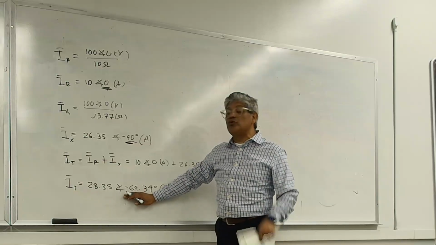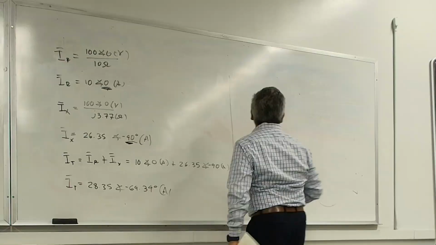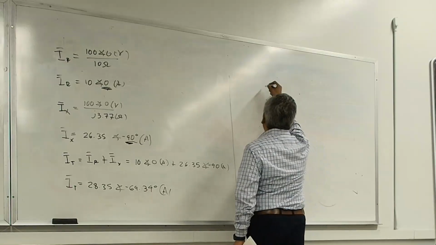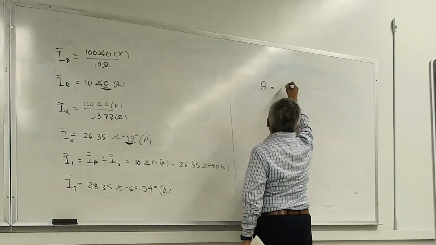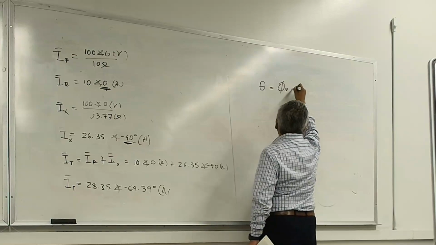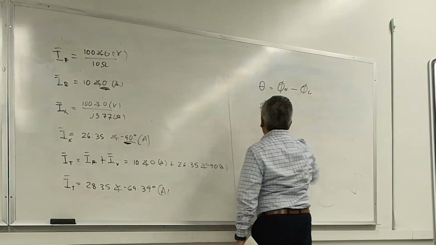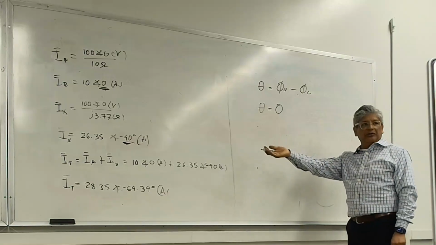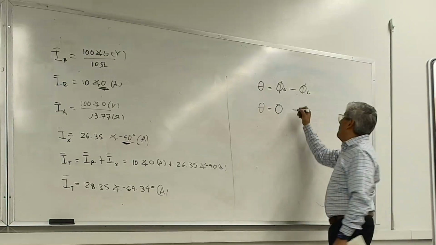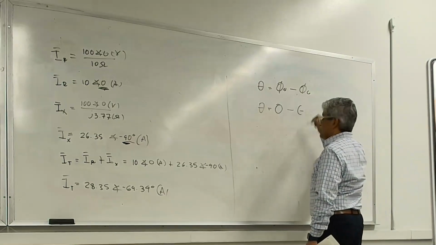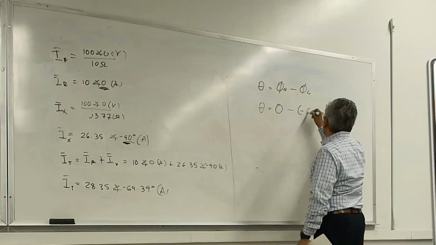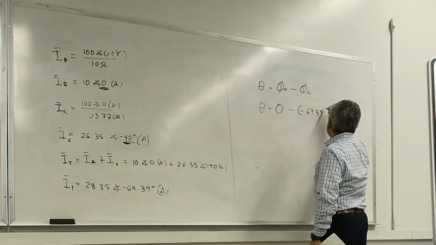So what is the angle between the voltage and the total current? Theta is equal to phi v minus phi I. Theta is equal to 0, that's the voltage at 0 degrees, minus minus 69.34 degrees.